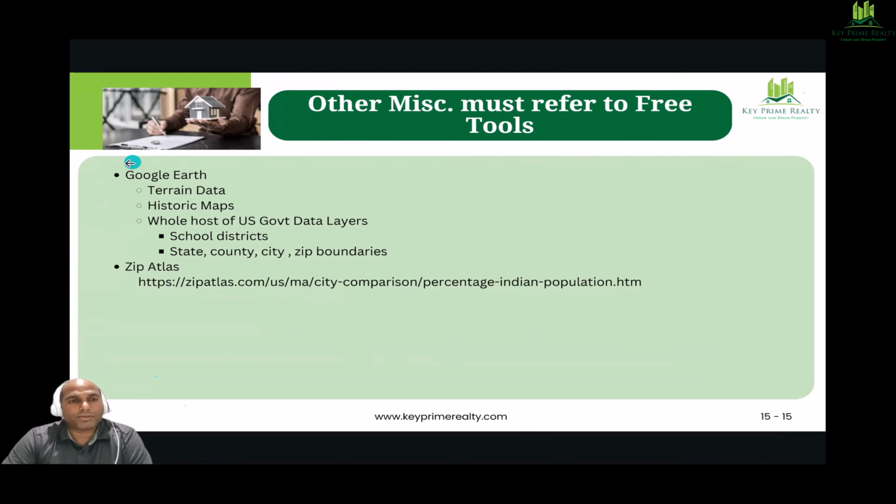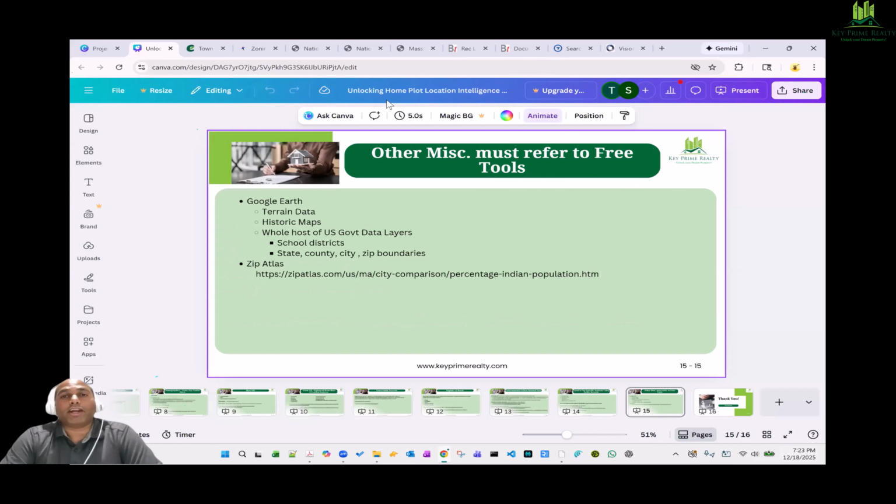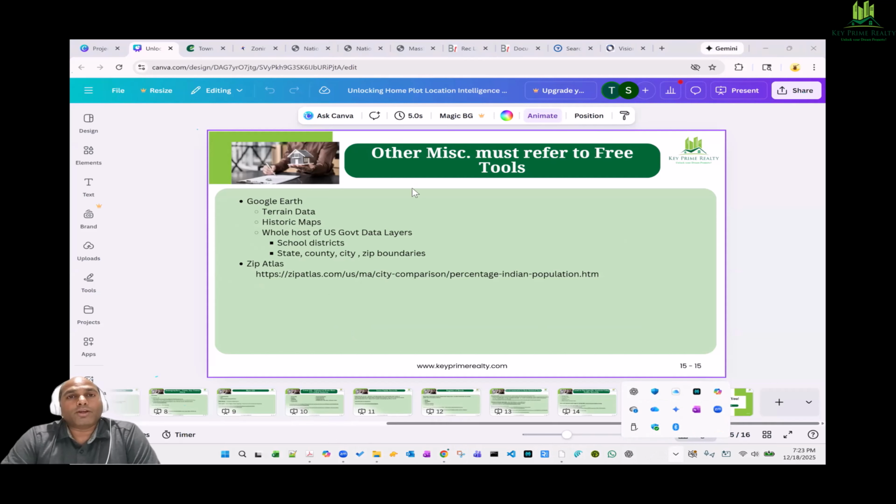You can go to Google Earth and see parcels, boundaries, school districts, historic maps, congressional districts, and terrain data. Historic data is very useful. If somebody says, I built this deck in '22, you can go and find out when that was actually done. I think it's really useful to go through the historic data.